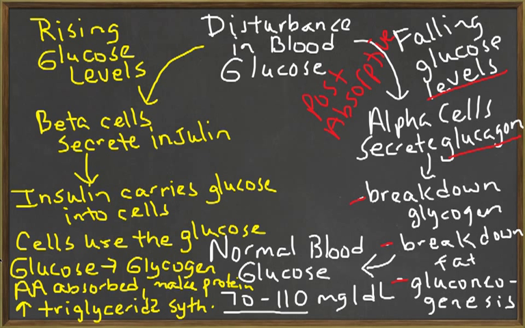When we have rising glucose levels, this is usually right after we get done eating a meal, and we call this the absorptive state. And since we have a lot of glucose that's abundant in the blood, the body has to do several things through the action of insulin in order to decrease the blood glucose level, and both of these mechanisms are used to maintain normal blood glucose levels at 70 to 110 milligrams per deciliter.